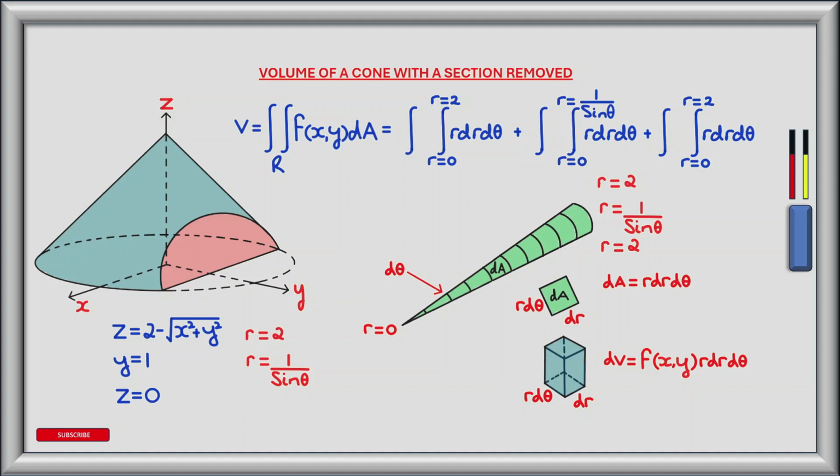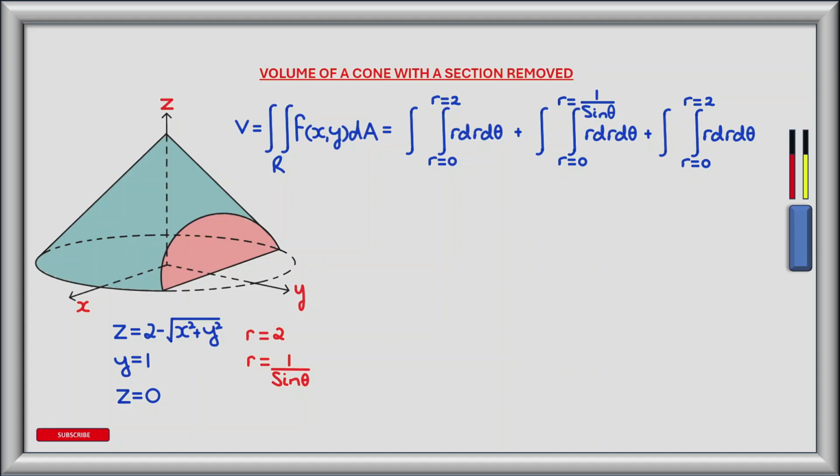And in the third case, we began at the origin where r is equal to 0, and we traveled to the perimeter of the circle, so where r was equal to 2. And in each of these cases, we were summing infinitesimally small pieces of area dA, which equated to r dr d theta.